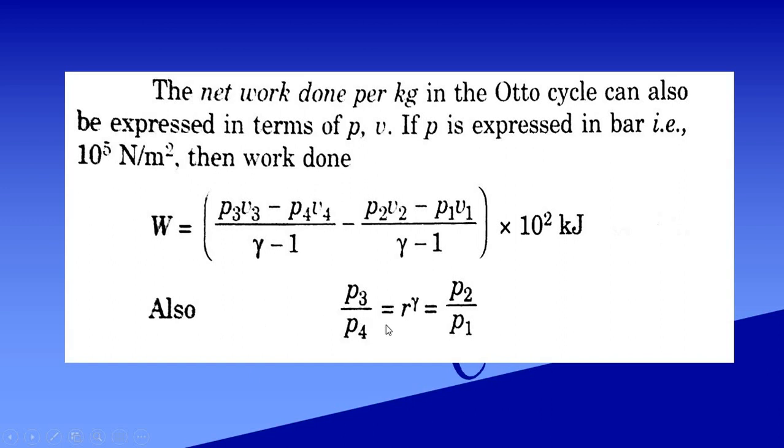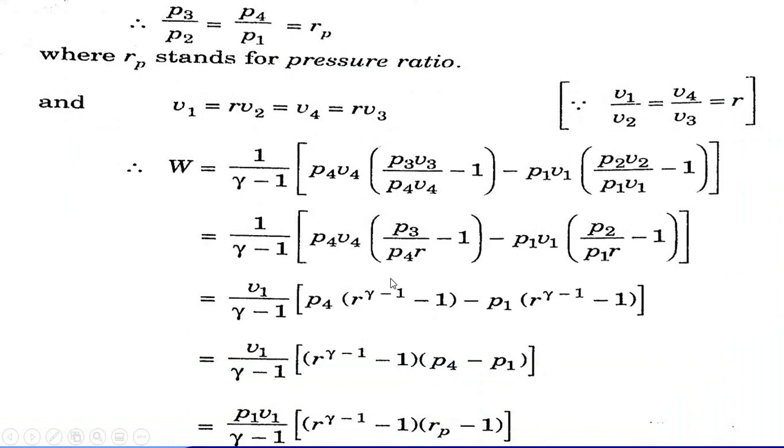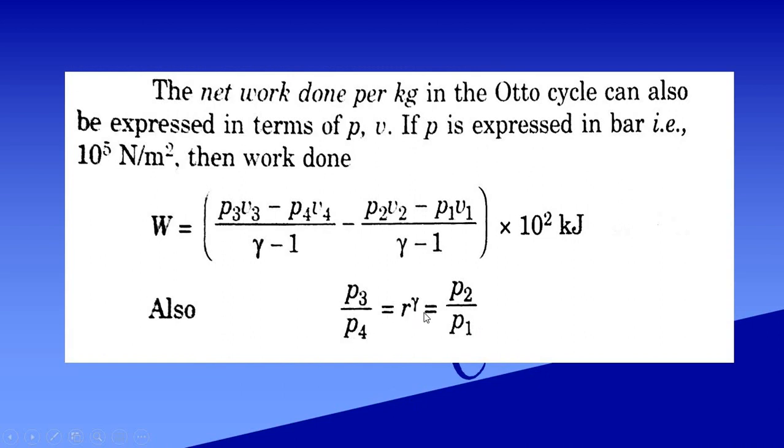Also P3 by P4 is equal to R power gamma, which is equal to P2 by P1. This is the relation because P3 by P4 is equal to R power gamma, and also P2 by P1 is equal to R power gamma. So P3 by P4 will be equal to P2 by P1. So you can write it like this: P3 by P2 will be equal to P4 by P1.